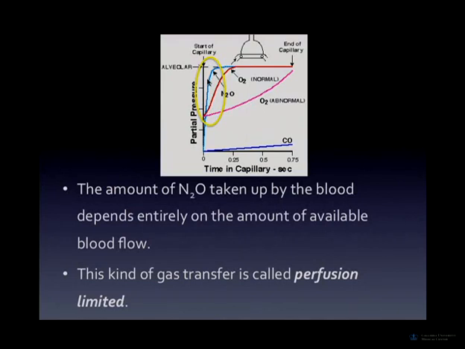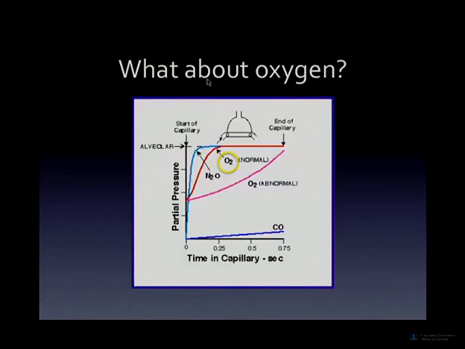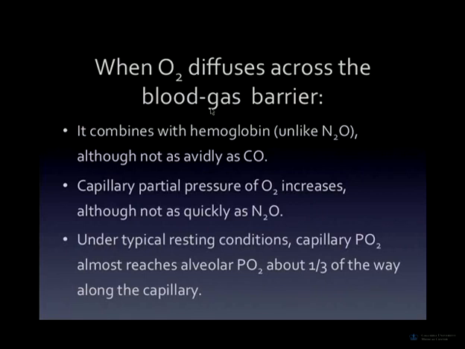But we don't really breathe carbon monoxide or nitrous oxide. We're interested in oxygen. So what happens with oxygen? Oxygen falls somewhere in the middle. It combines with hemoglobin, so it's unlike nitrous oxide, but it doesn't combine with hemoglobin as avidly as carbon monoxide. So there is a rise in capillary pressure of the oxygen.